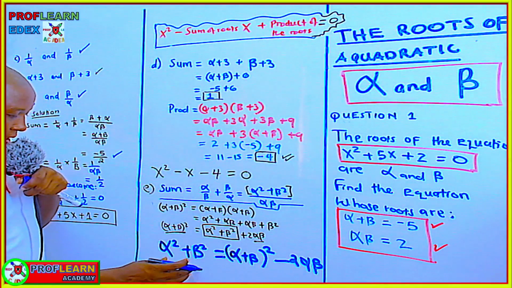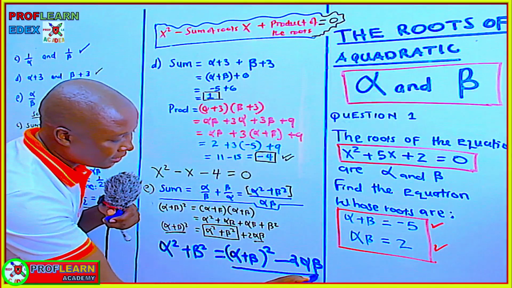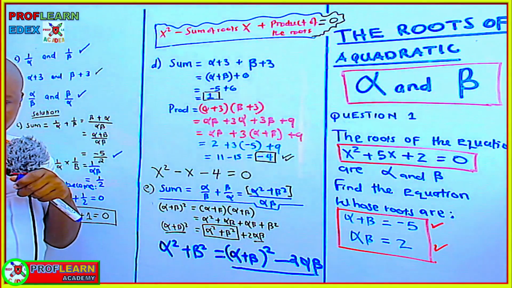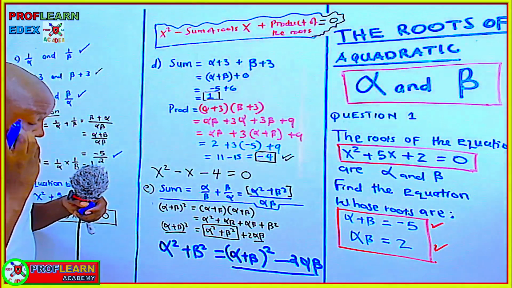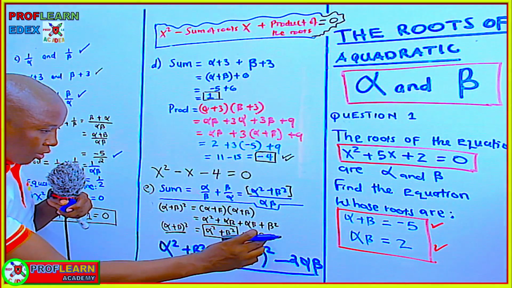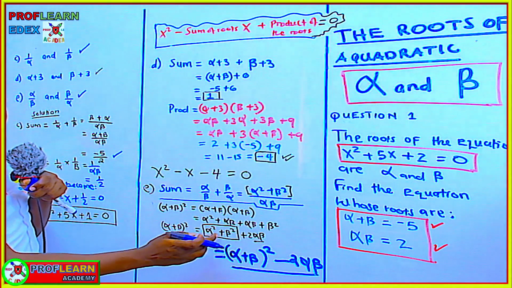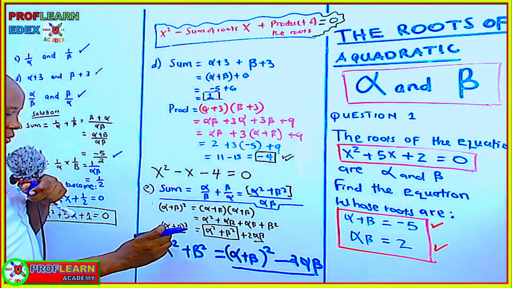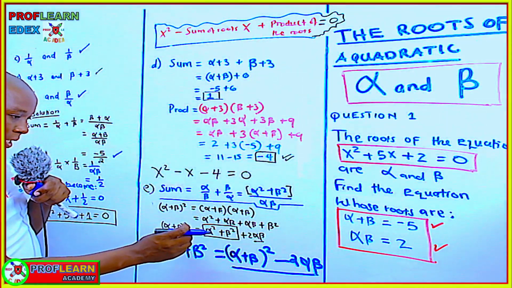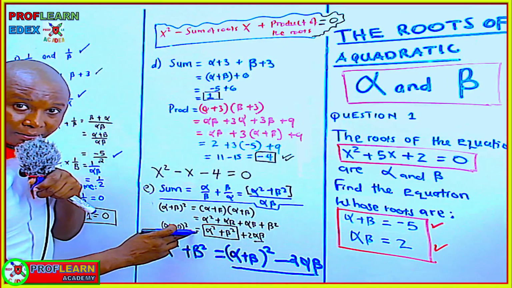So if you have alpha squared plus beta squared, you can replace this with that, right? We have obtained it from this rearrangement. I've just taken 2 alpha beta to the other side of the equal sign. So I remain with alpha squared plus beta squared is equal to alpha plus beta squared minus 2 alpha beta.